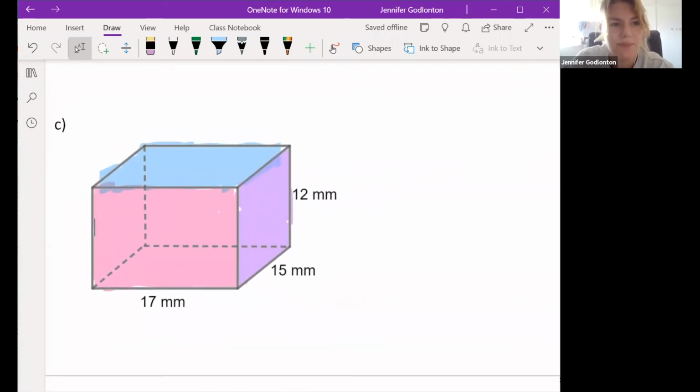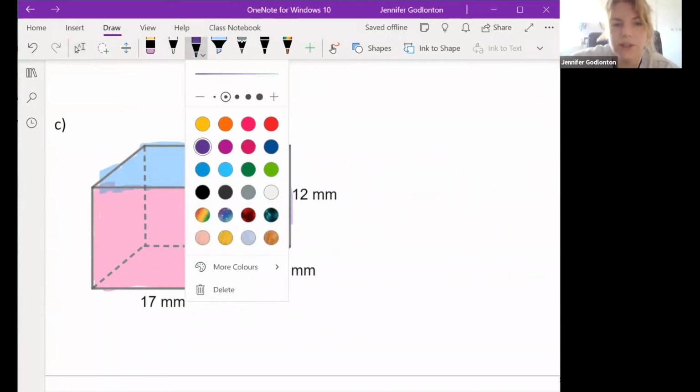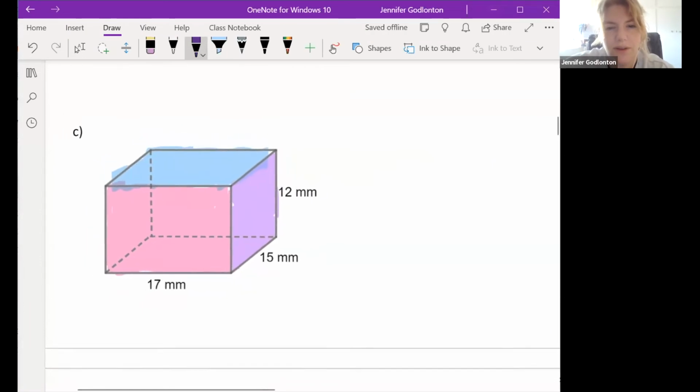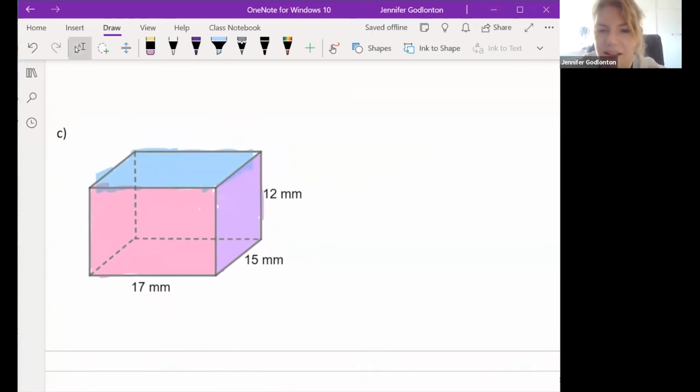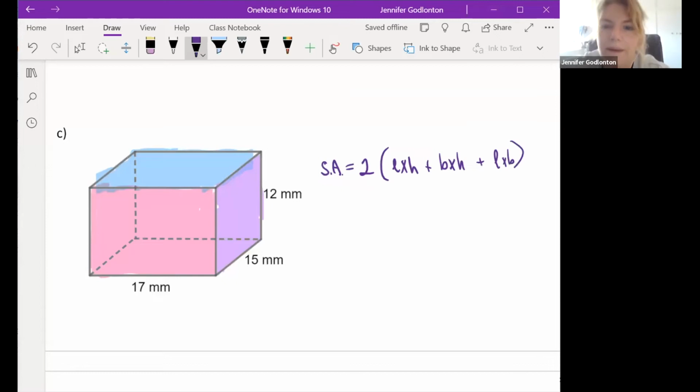Okay. All right, Unati, we are all yours. How would we go about solving this problem? Hi, ma'am. So I said SA is equal to 2 bracket L times H plus B times H plus L times B. So that gave me SA is equal to 2 bracket 408.